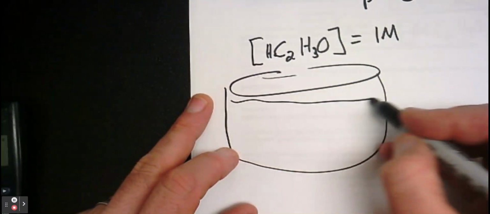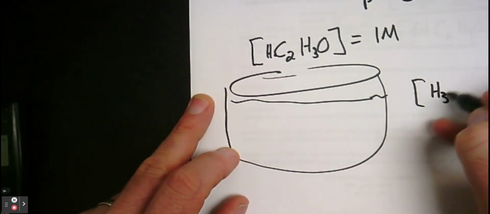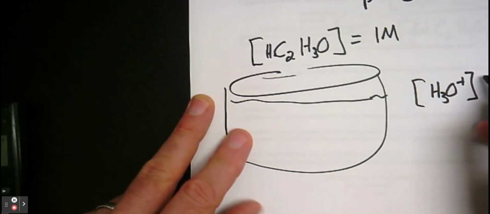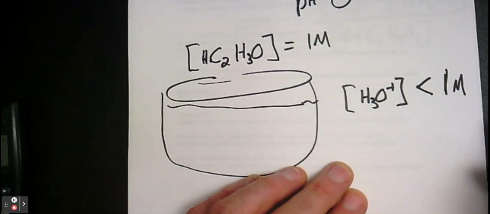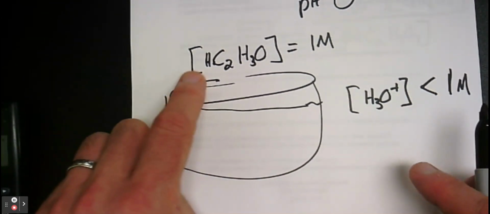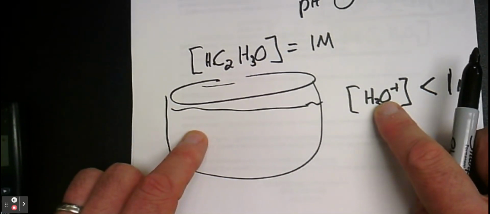However, with acetic acid, if I have 1 molar, it's not going to completely dissociate. So you would expect the concentration of H3O plus to be actually less than 1, because not all of this is going to dissociate to make hydronium.